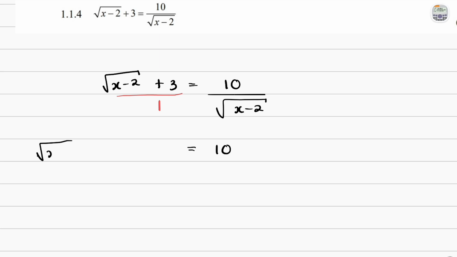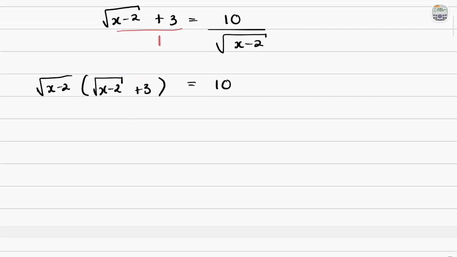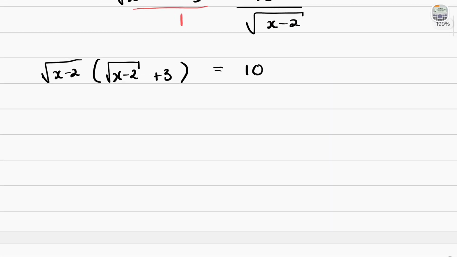It's the square root of x minus 2 multiplied by that. But I feel like I'm just wasting time by still writing it in this order since I already said we were cross multiplying. But it's fine. So when cross multiplying, so you can better see what is going on, these two multiply.